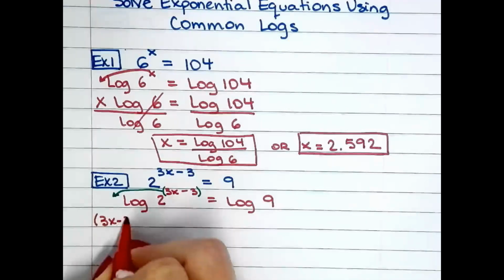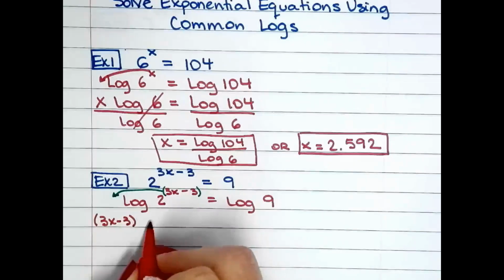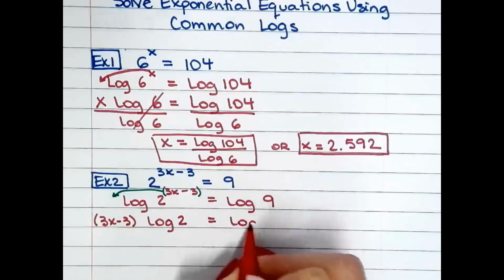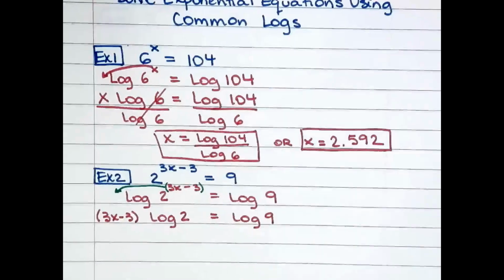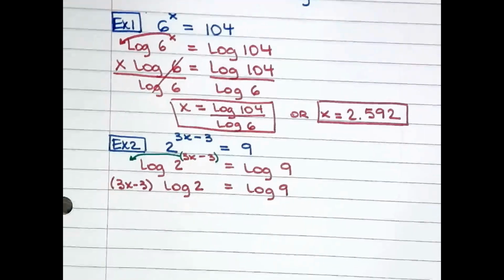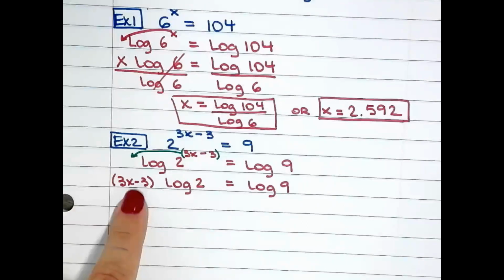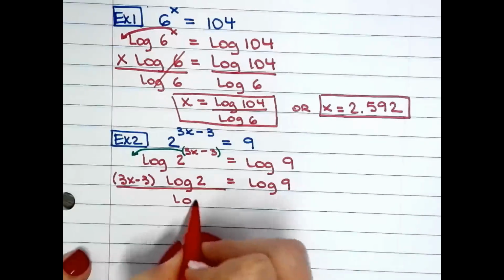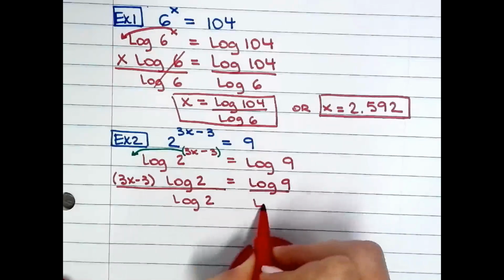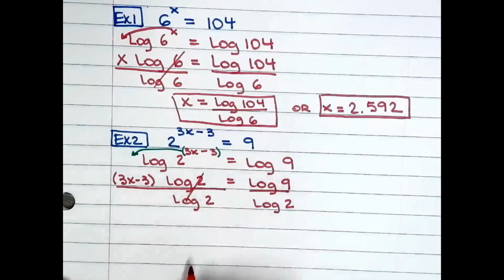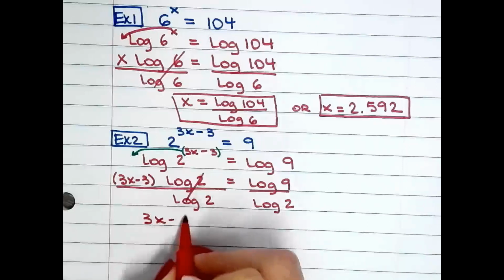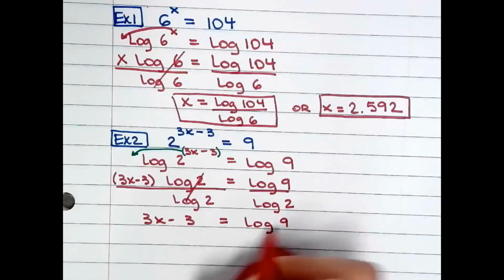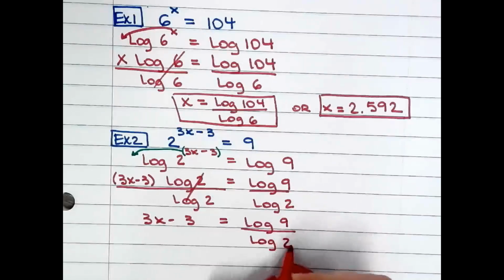So (3x minus 3) times log of 2 equals log of 9. Okay, now what? Notice that I put parentheses around here so I don't get lost. So divide both sides by log of 2. This is 1. So 3x minus 3 equals log of 9 over log of 2.